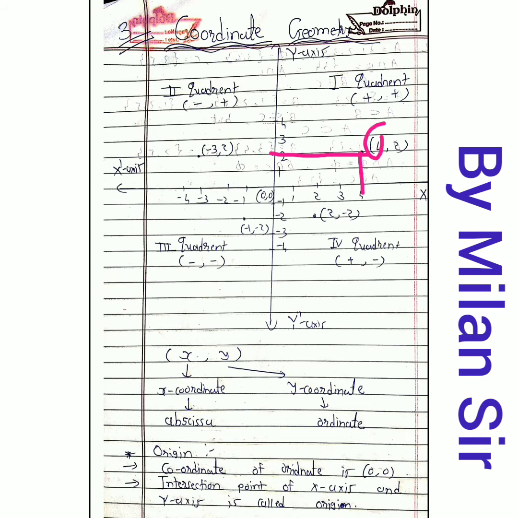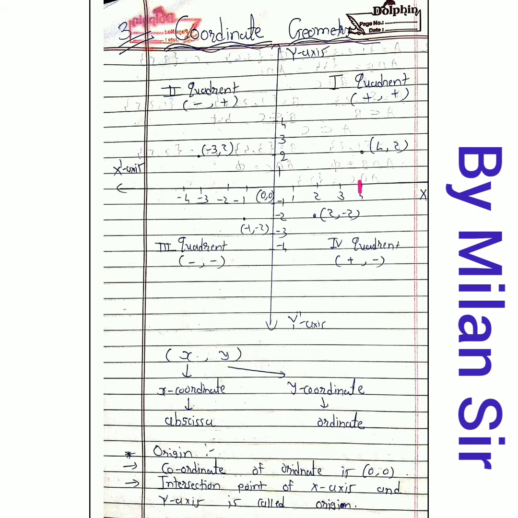The x coordinate is 4, so it shows the number on the x-axis, and the y coordinate shows the number on the y-axis. So in the x-axis we look for 4, and in the y-axis we look for 2. Now draw a vertical and a horizontal line from 4 and 2. The intersection point is the position of the point.